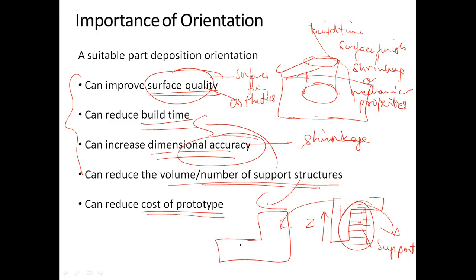Okay? My geometrical tolerance will also be better, because over here the thin section is transferring into thick section. Over here thick is going to convert into thin, so shrinkage will be less over here as compared to this section. All these things combined together play a very important role in defining the orientation of the object.